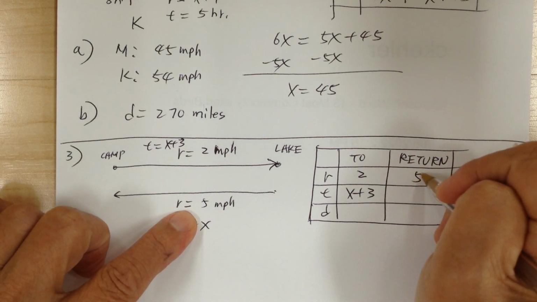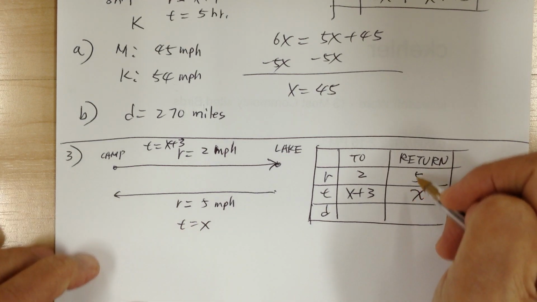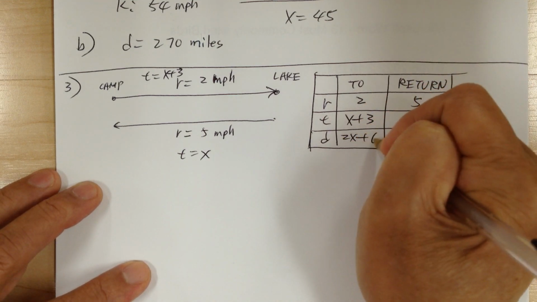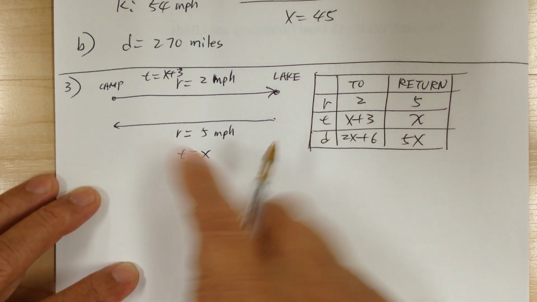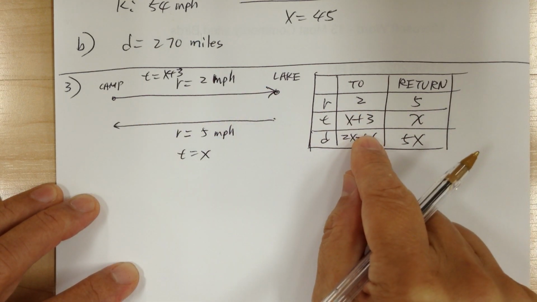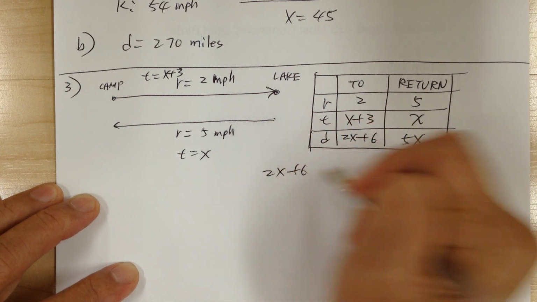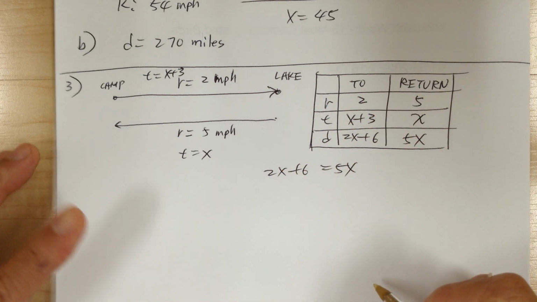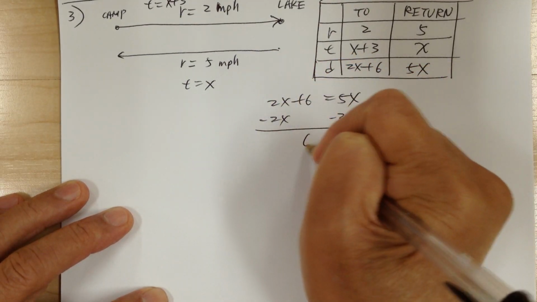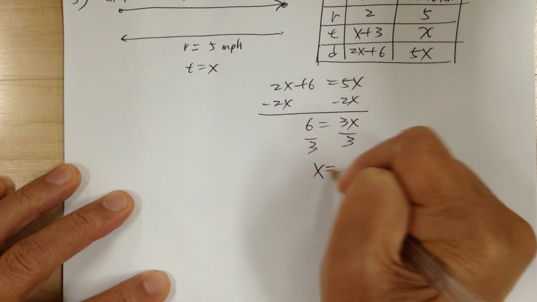Return, the rate is 5 and the time is x. You multiply to get the distance: 2x plus 6 and 5x. Since it's going to the lake and coming back on the same route, the distance going and coming back will be the same. So your equation will be 2x plus 6 equals 5x. Minus 2x on both sides, so you get 6 equals 3x, divided by 3, so x equals 2.